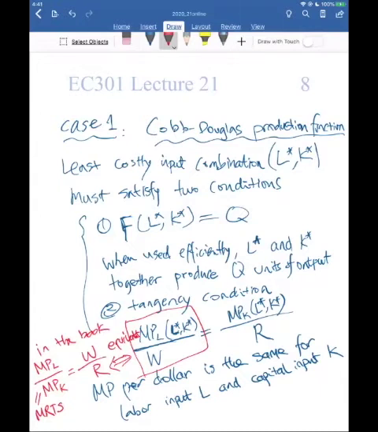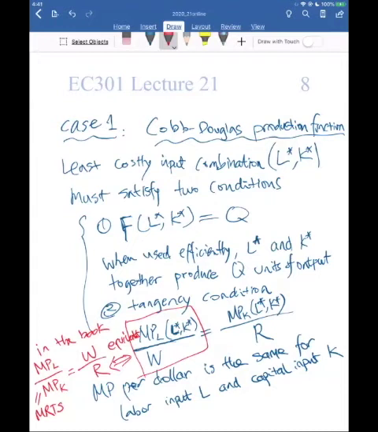Per unit of labor input, the cost is W. So using $1, 1 over W units of labor input are the additional inputs you can get.